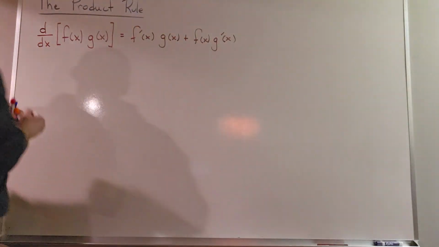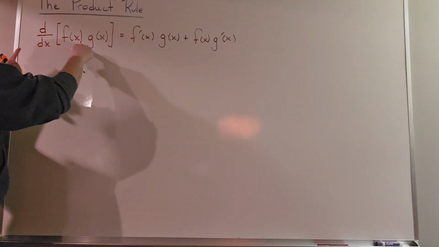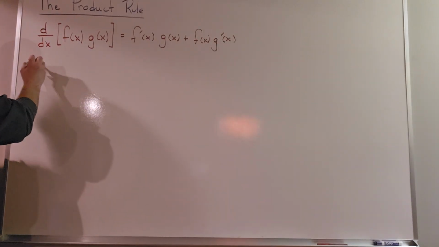Proof. So for this statement right here, the derivative of the product is given by that. Here's the proof of it.